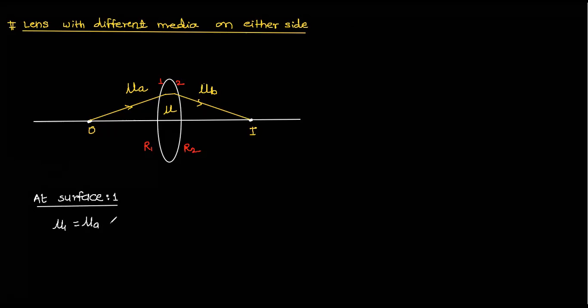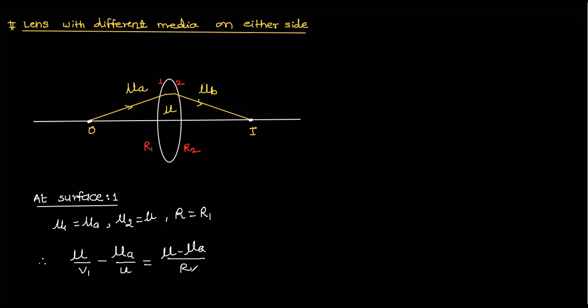Next, mu2 is equal to mu, and R is equal to R1. So therefore mu by v1 minus mu A by u is equal to mu minus mu A divided by R1.